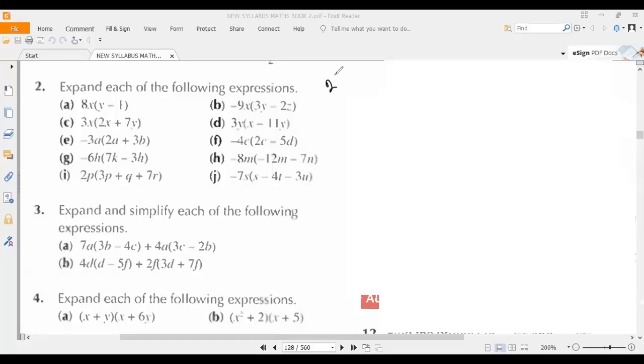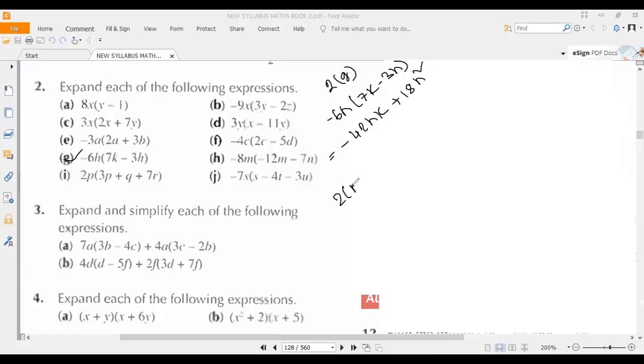Now question number 2g. 2g says minus 6h into 7k minus 3h. So minus 6 7s are 42hk, and now minus a plus 6 3s are 18h square.